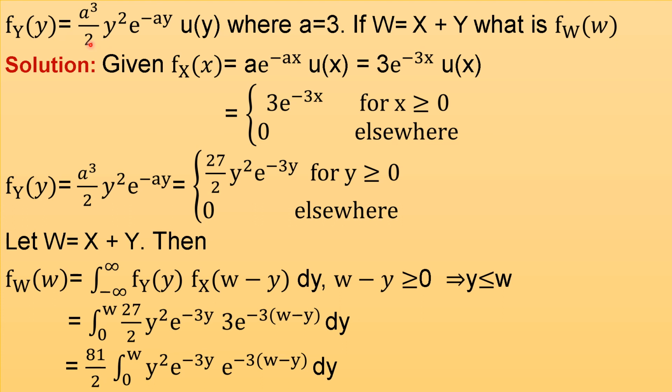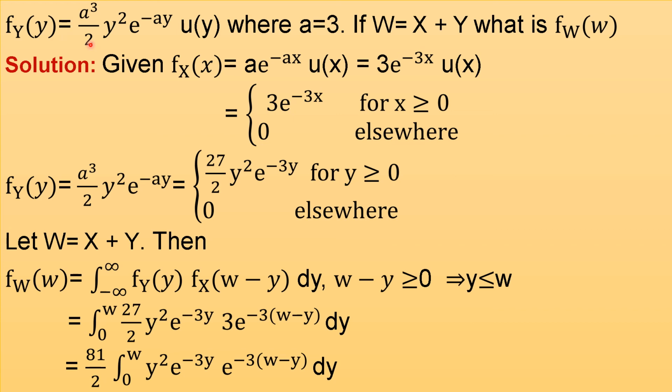First of all, the probability density function of X. f_X(x) is equal to a into e power minus ax into u(x). Here a is 3. The definition of the unit step function u(x minus a) is equal to 0 for x less than a and equal to 1 for x greater than or equal to a.